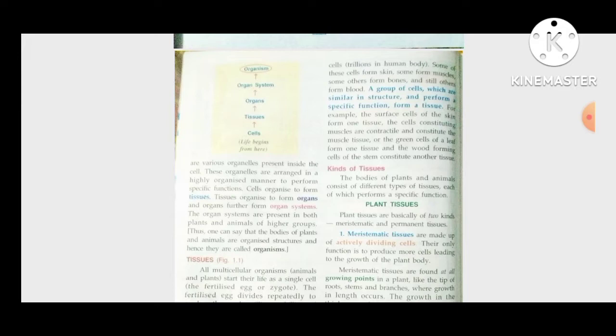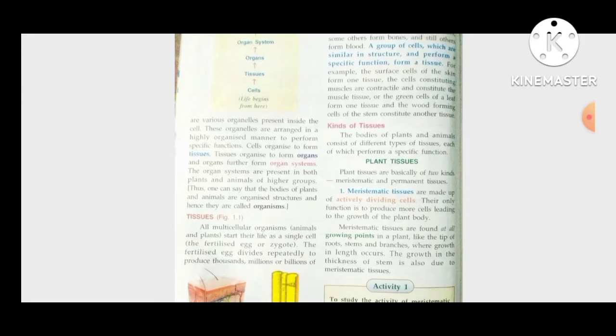There are various organelles present inside the cell. These organelles are arranged in a highly organized manner to perform specific functions.